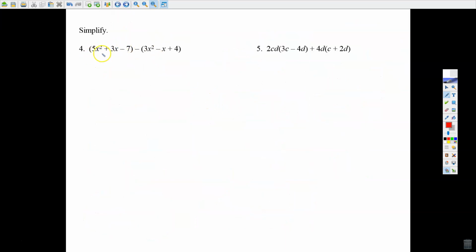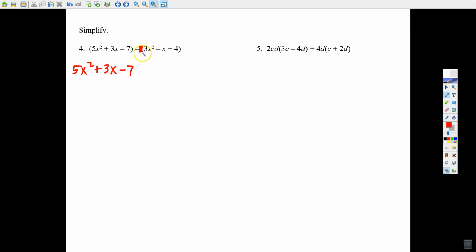Okay, let's take care of simplifying polynomials. And this first problem involves subtraction. And so I would recommend that you treat this as your first move being distributing negative 1 to these right 3, the second group. So I'm not really doing anything yet to the left group.